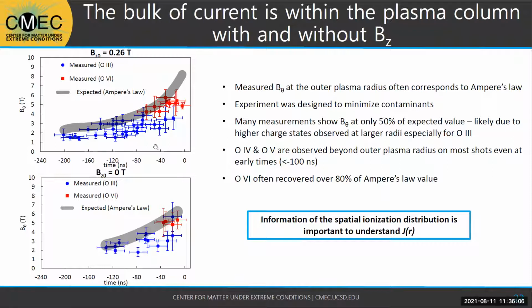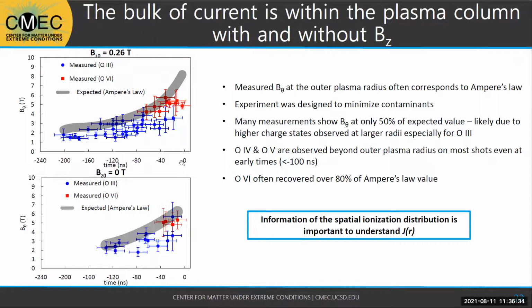All that work led to a fairly good agreement, although some of the data are lower than expected. What we think is happening is that these blue dots are all measured from oxygen 3, and we know that there are some higher ionization states residing just beyond, which we also saw with the other spectrometer.